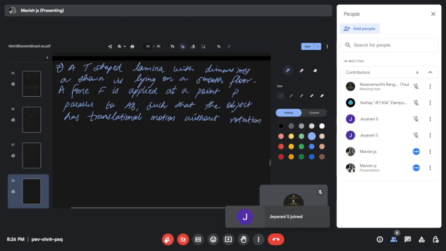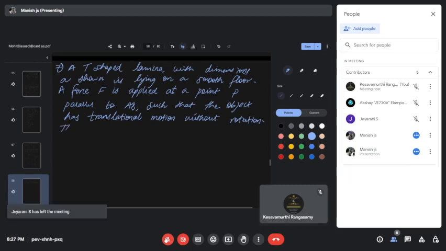Okay, without rotation. The location of P with respect to C.